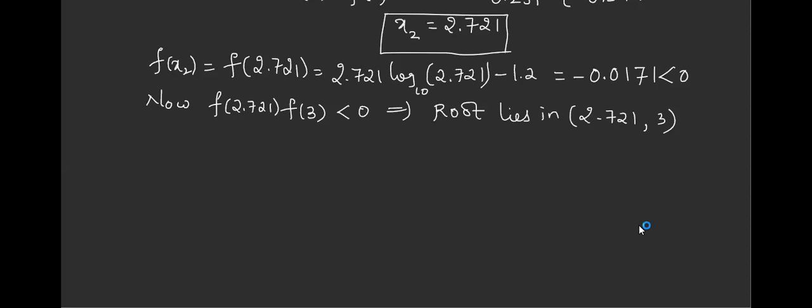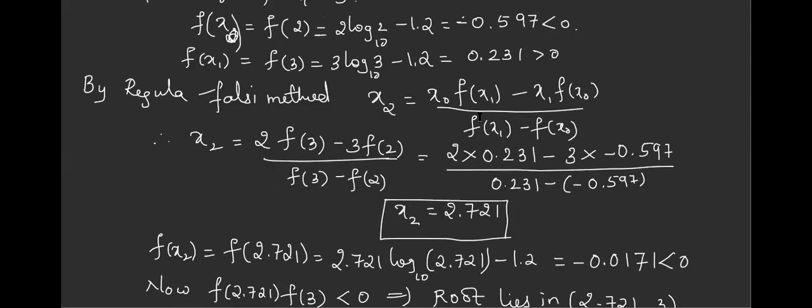Now you have to calculate x3. After x2, x3 will come. While writing, don't apply any formula in terms of x, otherwise it creates a lot of confusion. You just write this value, 2.721, then f of the next value. Just see how the formula is written: first value, then f of the second value, minus second value, then f of the first value.